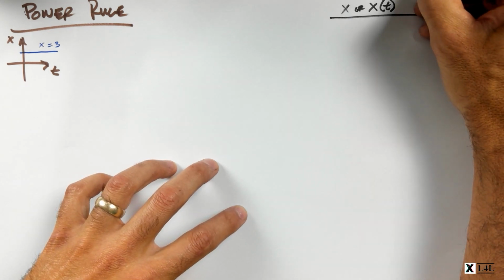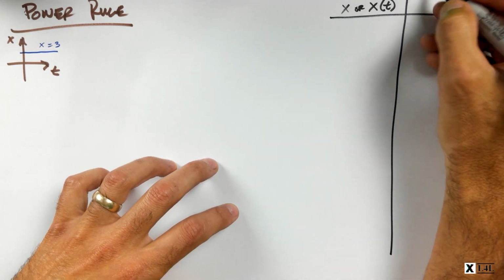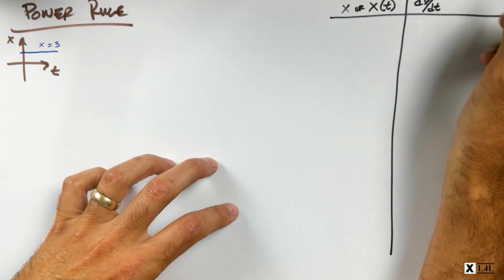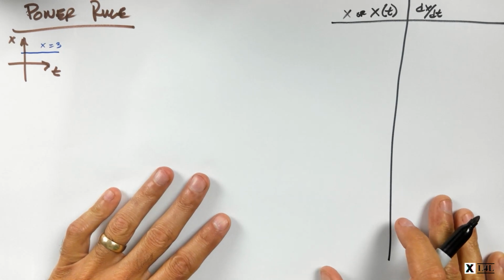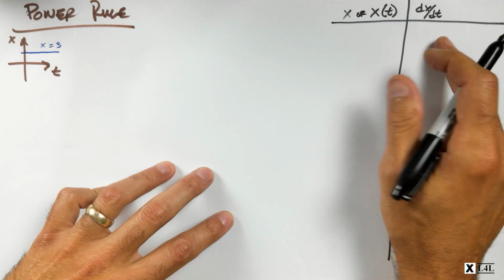We're going to look at some different examples. And I could make that line a little straighter. Let's look at the derivative now, dx dt, the derivative of these individual functions.